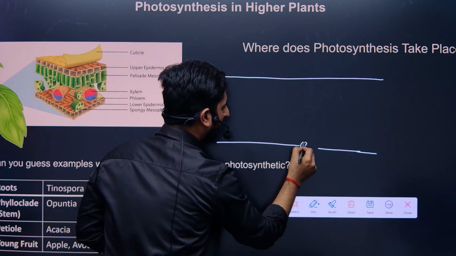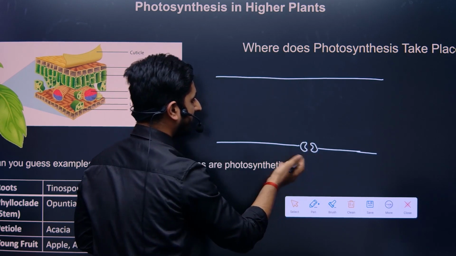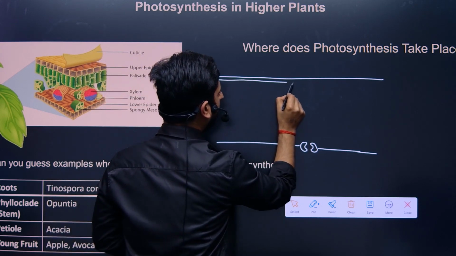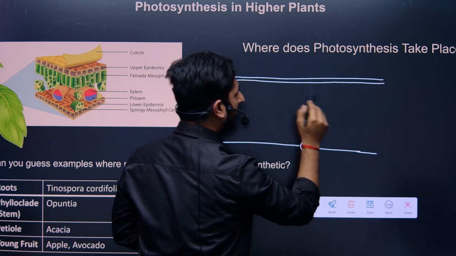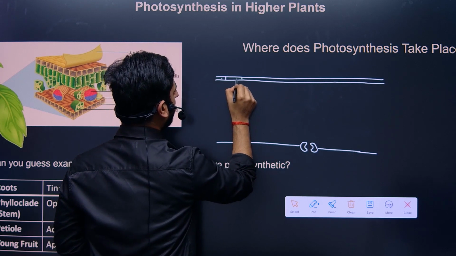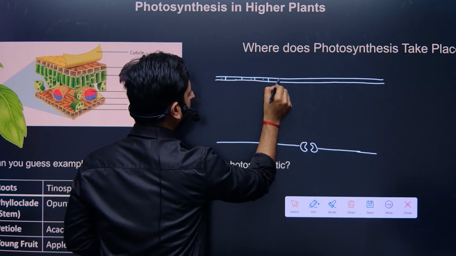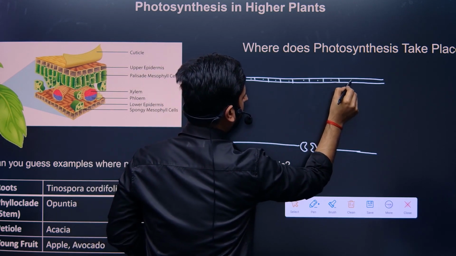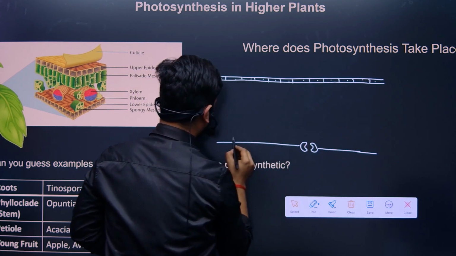Next, you draw two kidney beans. This is your stomata. Other than that, you will draw a very fine line, because these thin flattened cells are actually your epidermis cells.